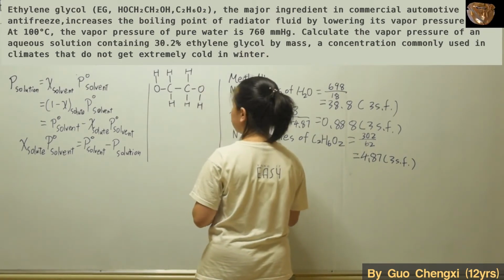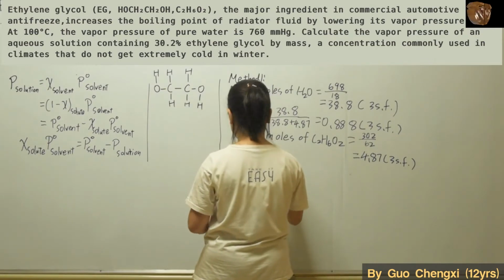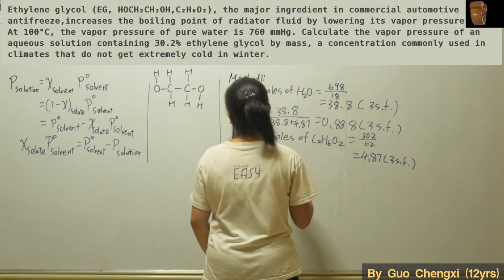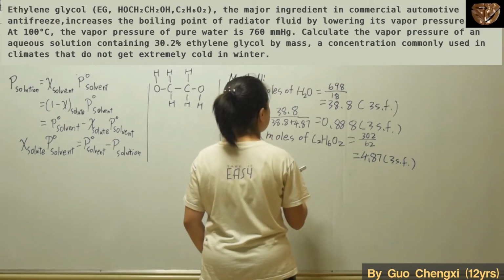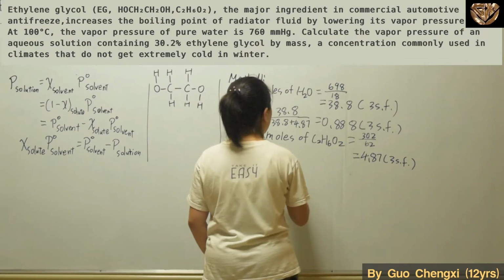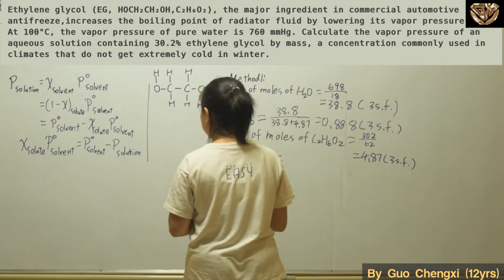In this case, it is water vapor. So over here, the solution for this part is the aqueous solution containing this 30.2% of ethylene glycol.